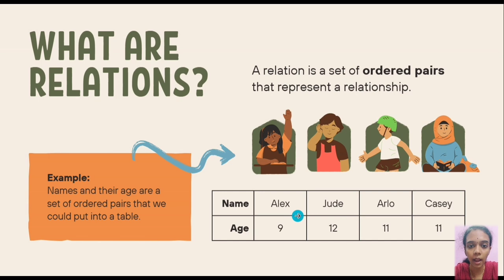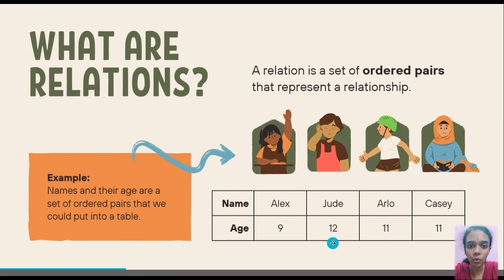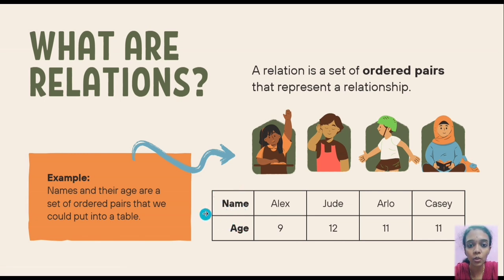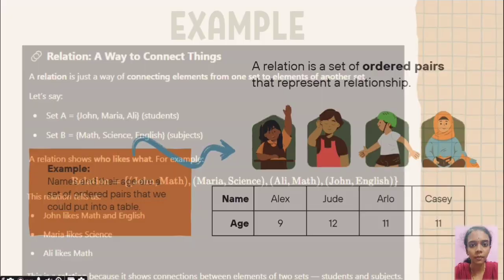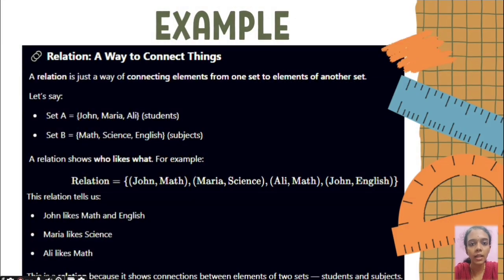These pairs, like Alex 9 or Jude 12, show that relation between a person and their age. So this table here shows how each person is related to their age, and all of those pairings together make up a relation.